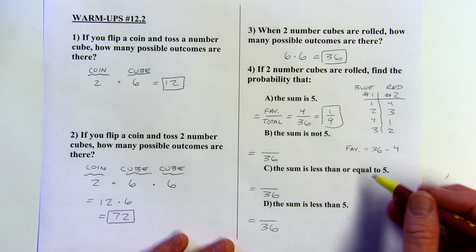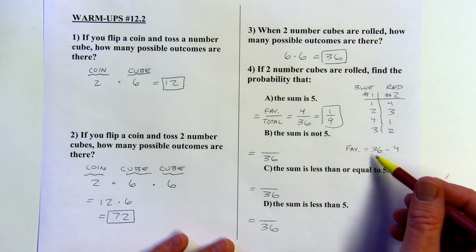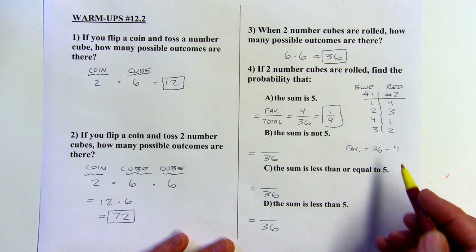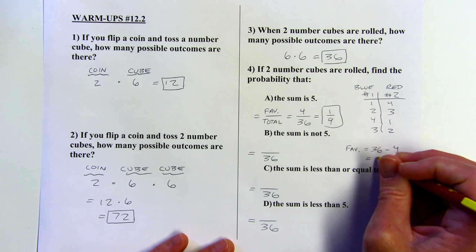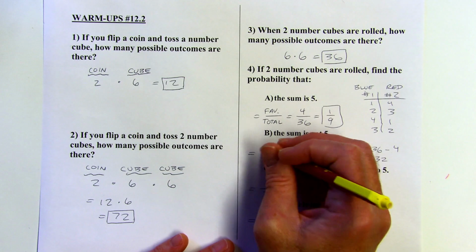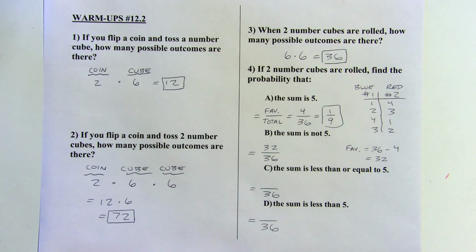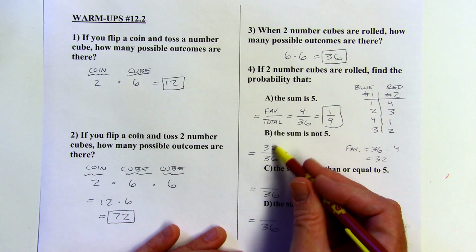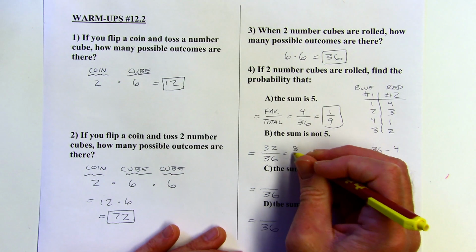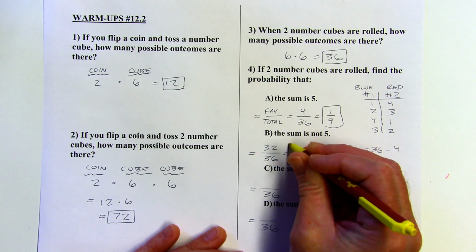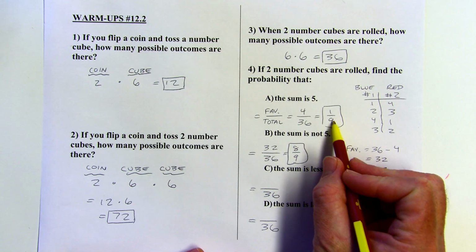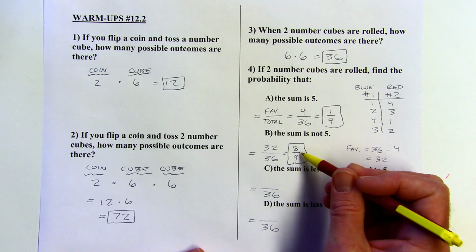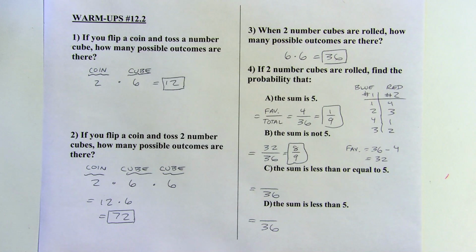So rather than counting up all the ones where the sum's not 5, I'm just going to take the total and subtract out the ones where the sum is 5. So that means there's going to be 32 out of the 36 here. If I divide by 4 on top and bottom, I'm going to get 8/9. Makes sense. 1/9 of the time it's going to come up a sum of 5. The other 8/9 it's not going to have a sum of 5. Okay.